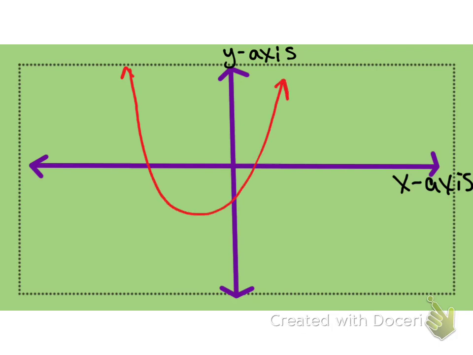What kind of line is this called? Parabola. And what's a parabola? It's quadratic. We graph a parabola when we're graphing a quadratic. The bottom of a parabola, where it's at the very bottom, that's called the vertex.